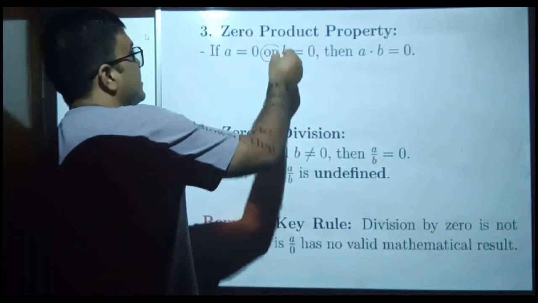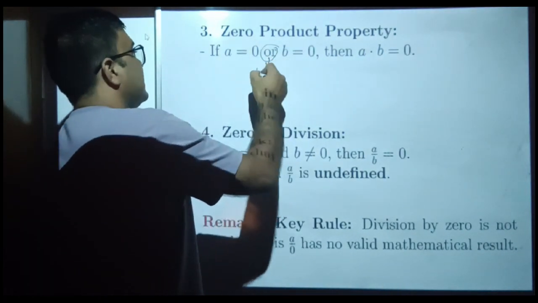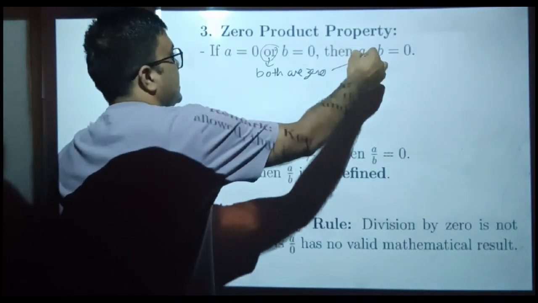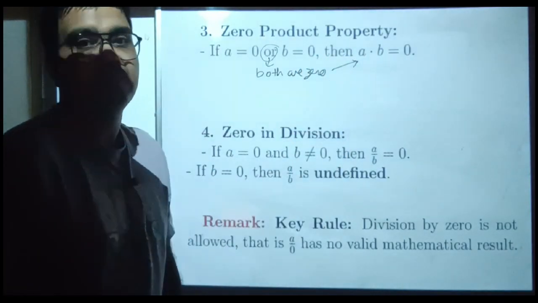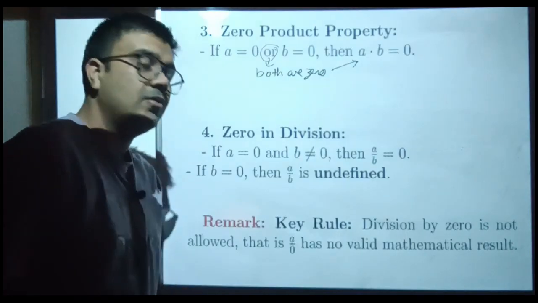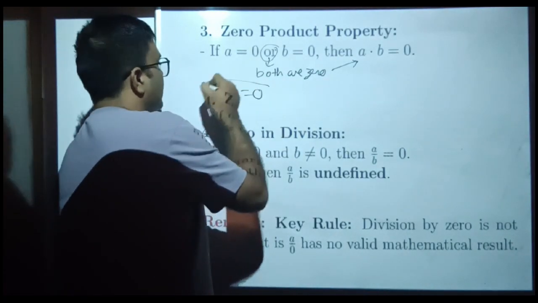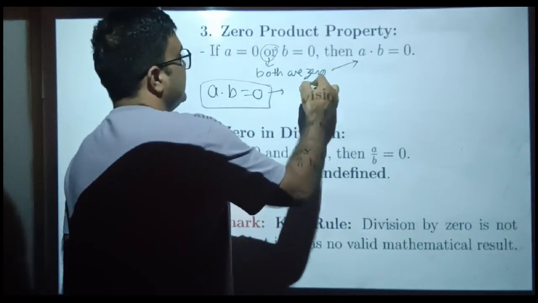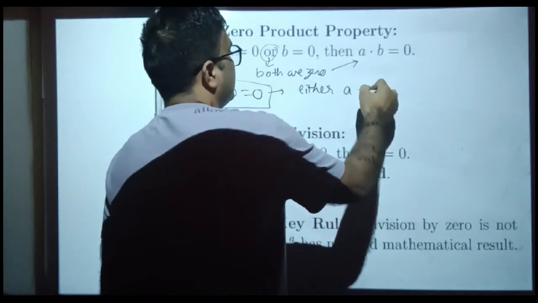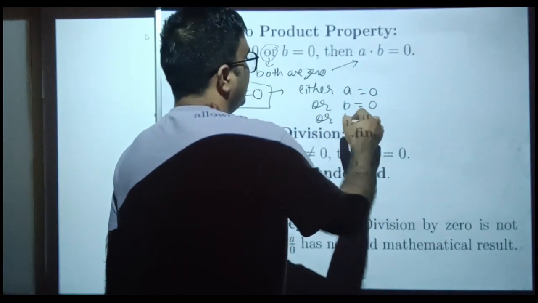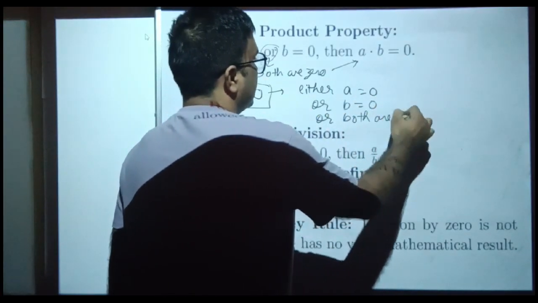Here "or" already includes the case where both are 0, and then A into B is 0. In another sense, if A into B is 0, when is this possible? Either A is equal to 0 or B is equal to 0 or both are 0.